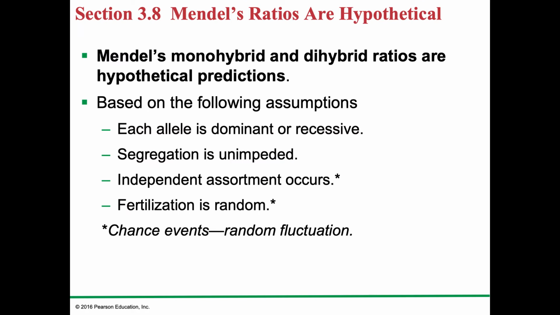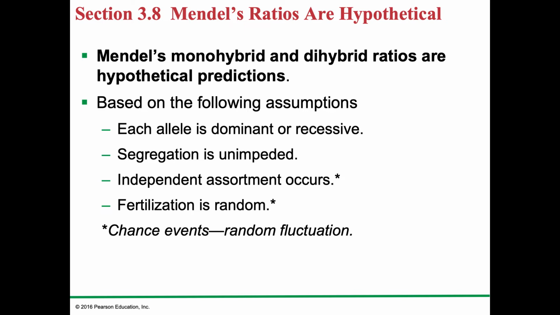So when Mendel does his crosses, right, and we say in the monohybrid with the heterozygotes, we're going to get that 3-to-1 phenotypic ratio. That is, it's a prediction, right, based on a Punnett square. We predict that 3 of the offspring will show the dominant phenotype and 1 will show the recessive.